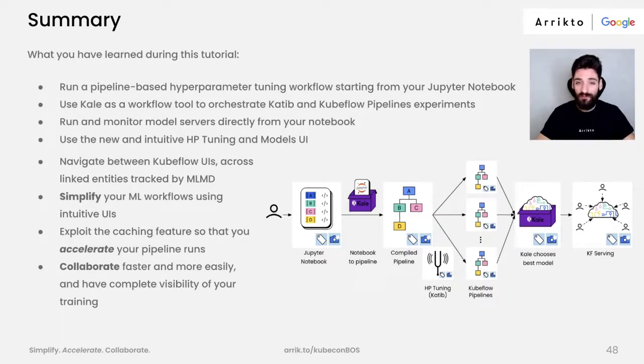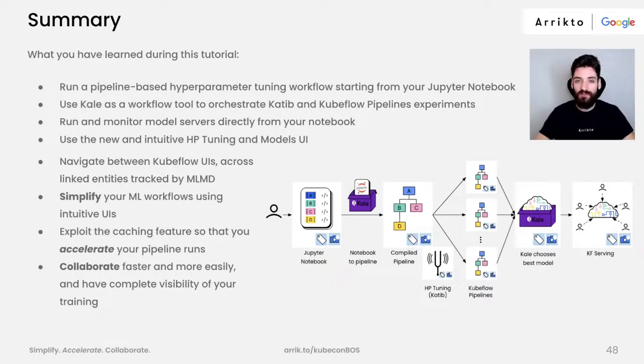Afterwards, how to use Kale to even scale more this workload using hyperparameter tuning and run tens or hundreds of pipelines using caching. Afterwards, you've learned how using ROK and the snapshots that ROK takes to reproduce every step of the way, you can restore a notebook from a pipeline to its previous state.